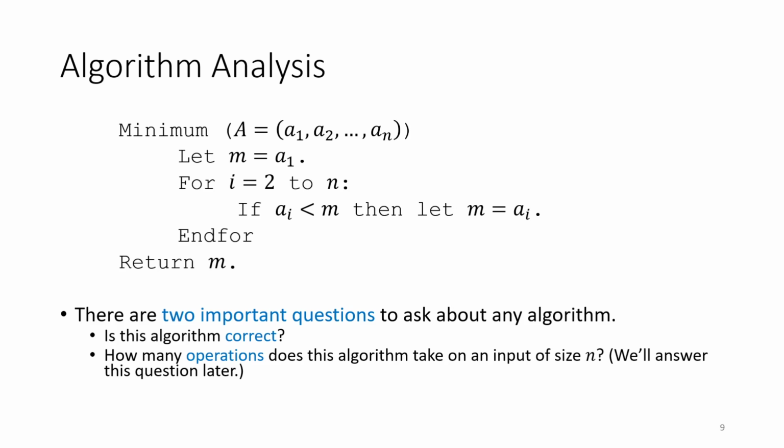This is a simple sequential search through the list for the minimum element, where we very quickly assign the first element as our minimum so far, and this is going to be important when we get to our argument, our proof that this works. And then as we go, if we ever find an element that's less than our minimum so far, we just update the minimum so far, and we return it at the end.